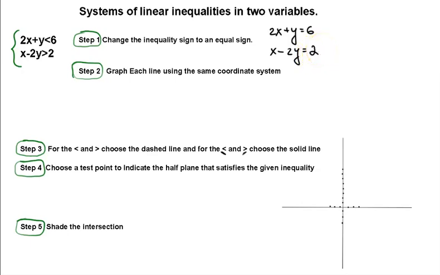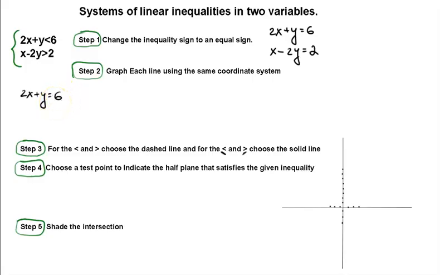We do that to graph each line, and we will use the same coordinate system. So now we're dealing with two linear equations in two variables, and we need to graph each line, one by one. The first one is 2x plus y equals 6.